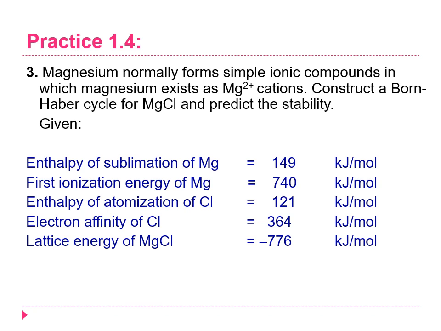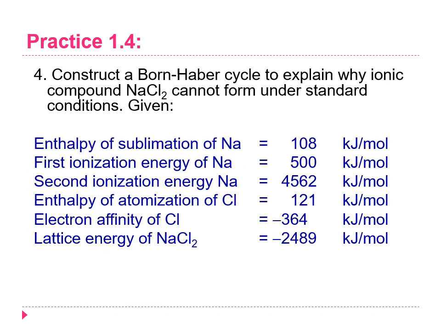For question number 3, you have to form Born-Haber cycle for magnesium chloride, MgCl, not MgCl2 but MgCl. So the answer would be negative 130 kilojoules per mole.